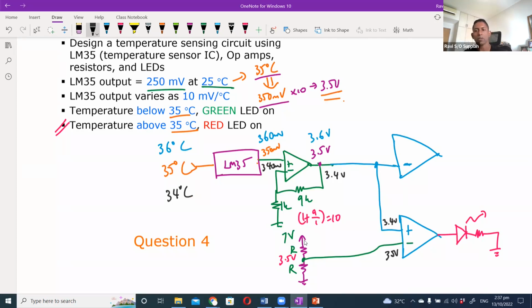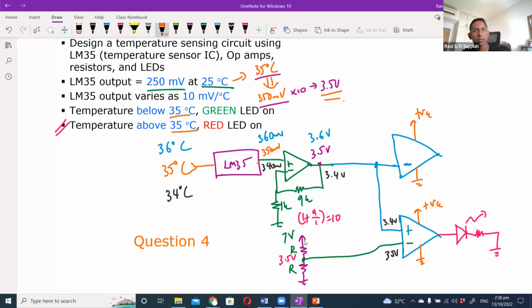The positive is smaller than the negative. In this configuration we use a single supply, so this will be plus VCC and this will be ground. Same thing over here. So when the positive is smaller than negative, you go to the negative supply, which in this case is ground. Ground means the LED will not light up.